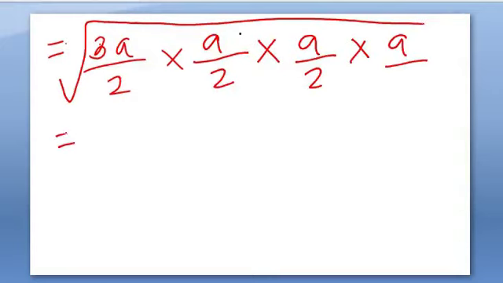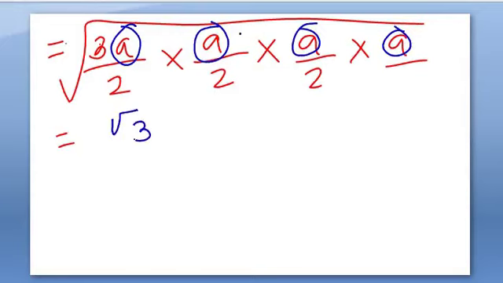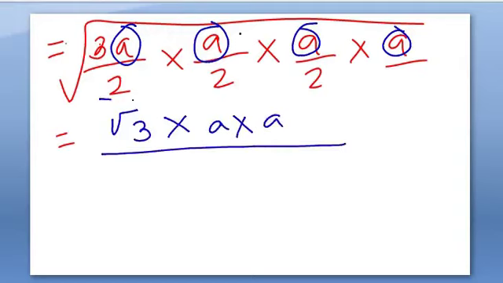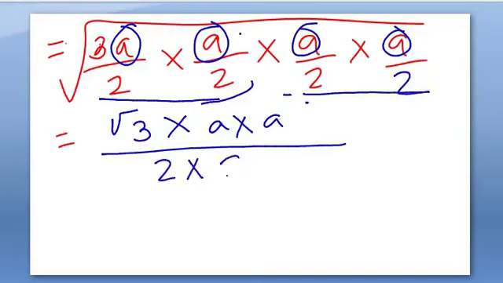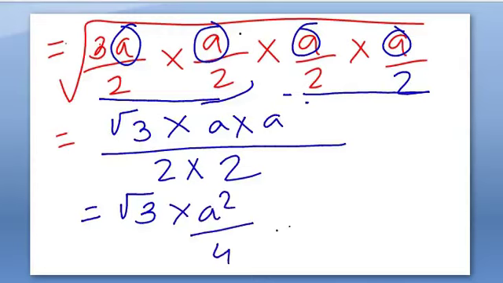How many a's are there? There are 4 a's here. So you can write root 3 into a to the 4 by, 2 into 2 into 2 into 2, that is 2 into 2, so equals root 3 into a square by 4, equals root 3 by 4 a square.